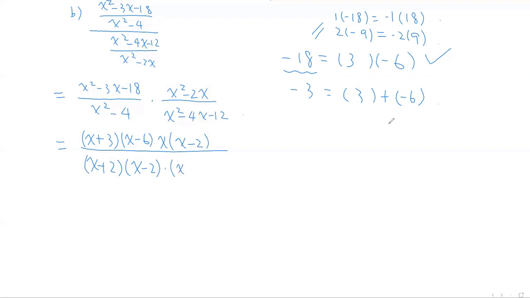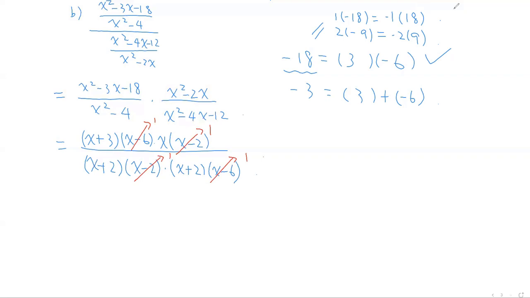The sum is negative 4, so x plus 2, x minus 6. And then we cancel common factors. You have x minus 6, x minus 6, right? X minus 2, x minus 2. That's it.